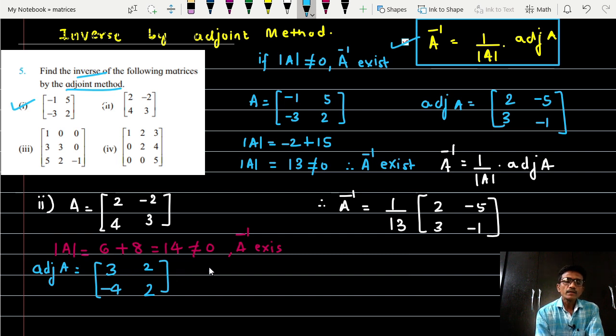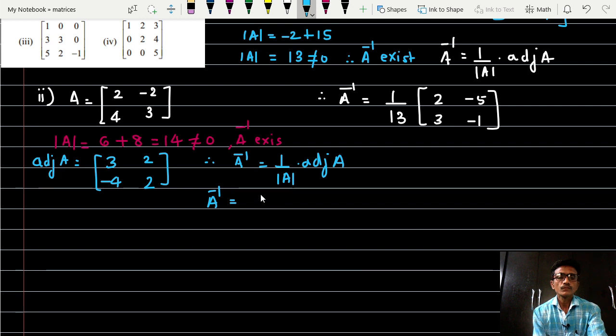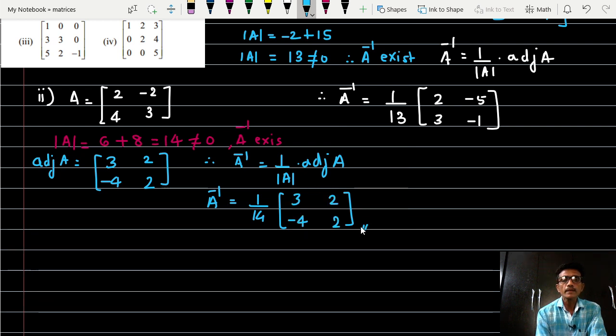Now this is the adjoint, therefore A inverse is equal to 1 upon determinant of A into adjoint of A, which is A inverse equal to 1 upon 14 into adjoint of A, which is 3, 2, -4 and 2. This is the A inverse.